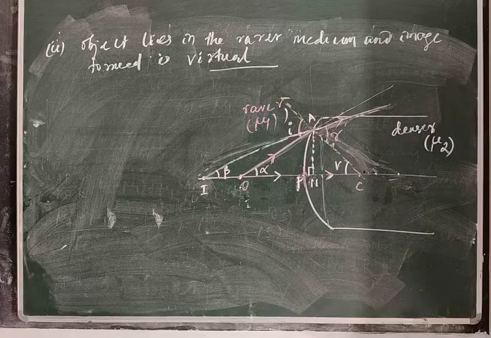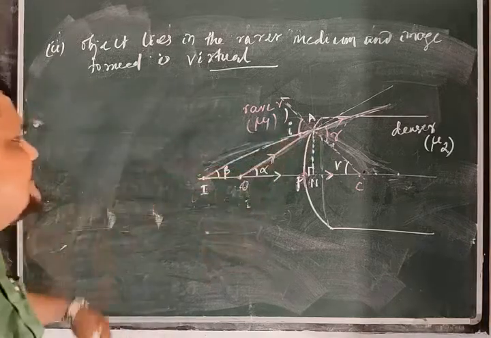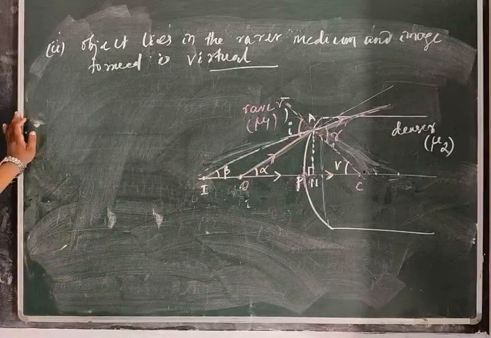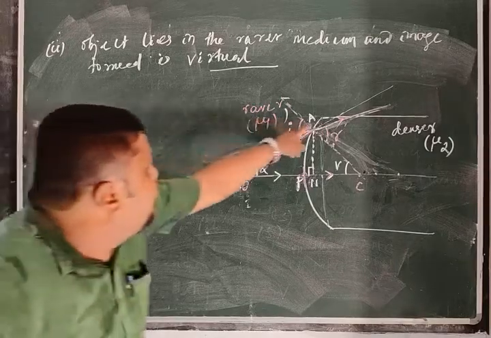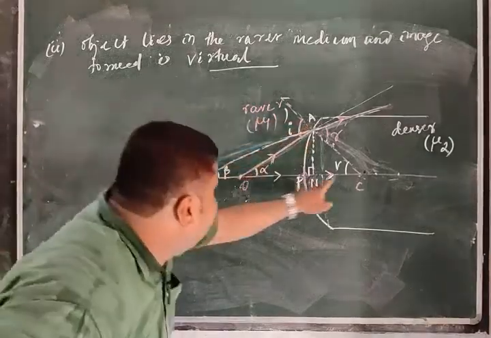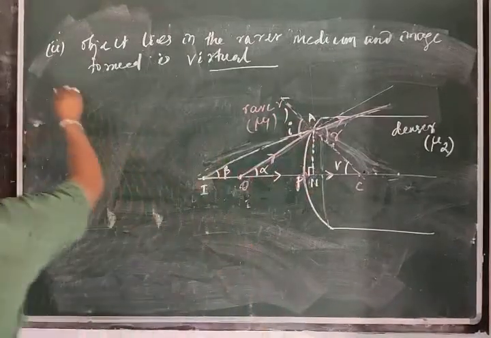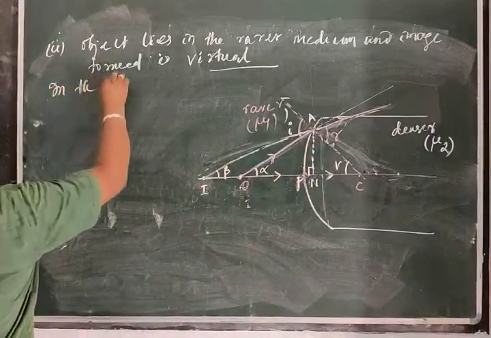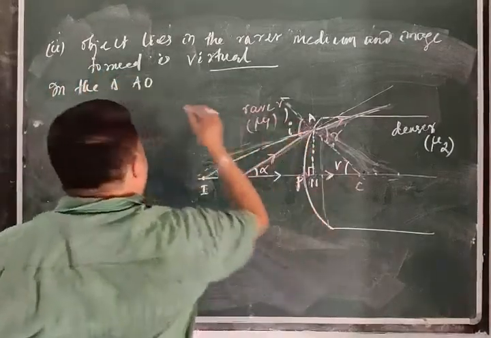Now again we will do the same thing. All the angles are marked here. Now we go for the same procedure: find the expressions for i and r. Take the triangle AOC.